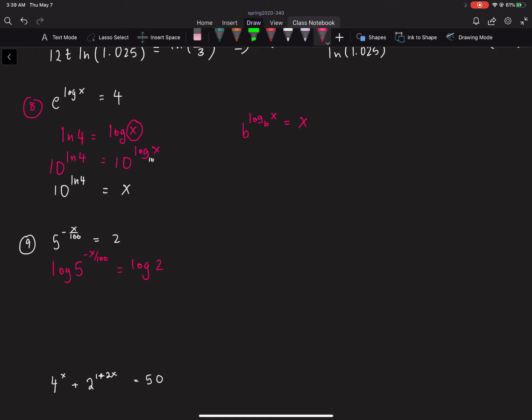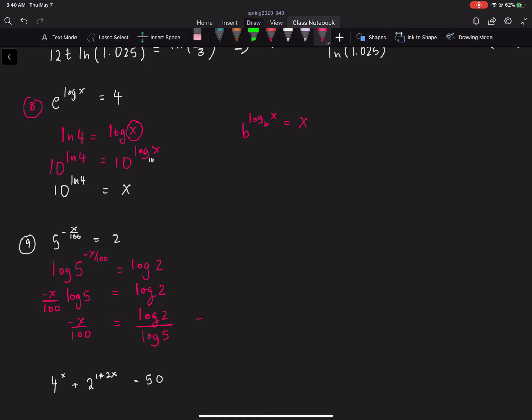So the property I can apply over here, as I see the power, I can drop the power down. I get negative x over 100 log 5 is equal to log 2. So I'm trying to solve for x. Negative x over 100 is equal to log 2 over log 5.